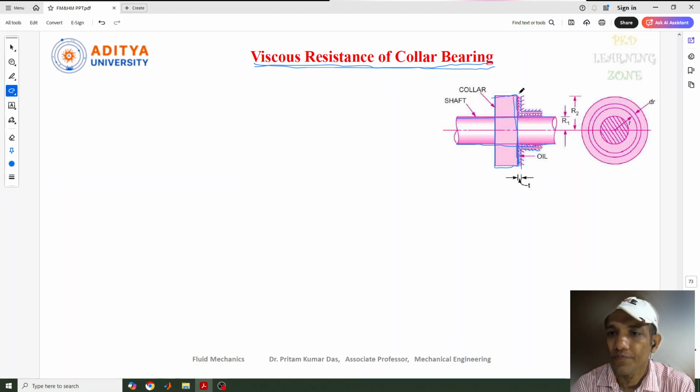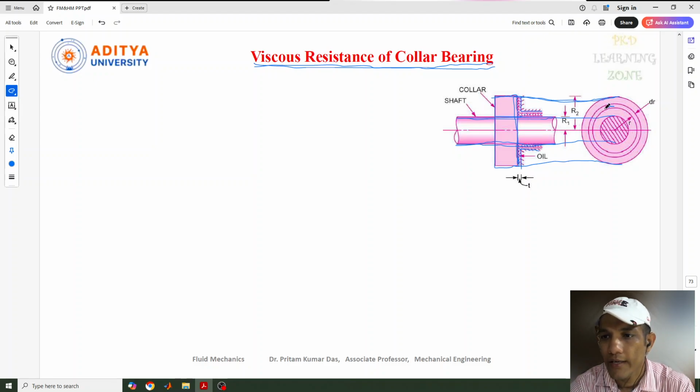As I told, this is similar to a footstep bearing. This is the shaft, with the shaft diameter, and this is the collar part. The collar has two diameters: one is the external diameter, and one is the internal diameter, up to here.